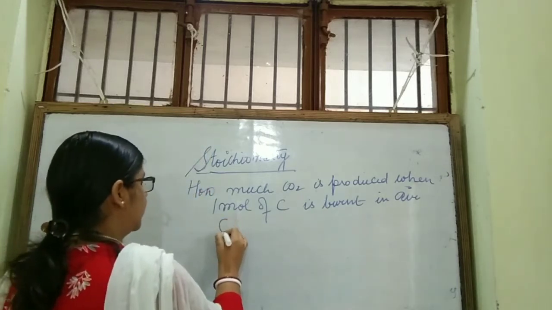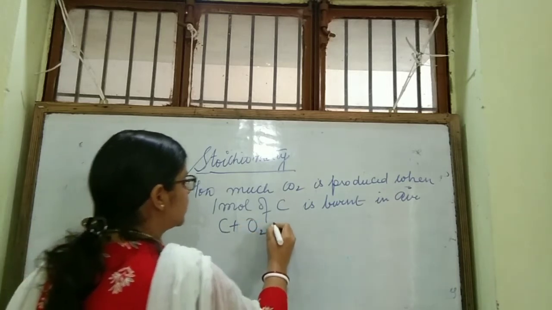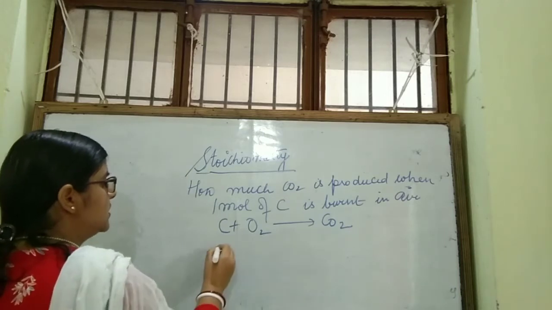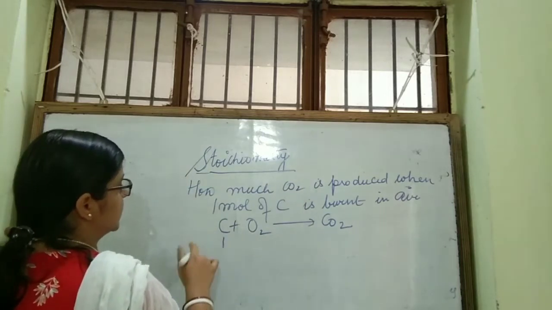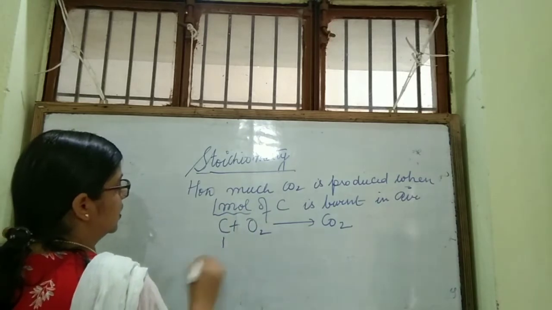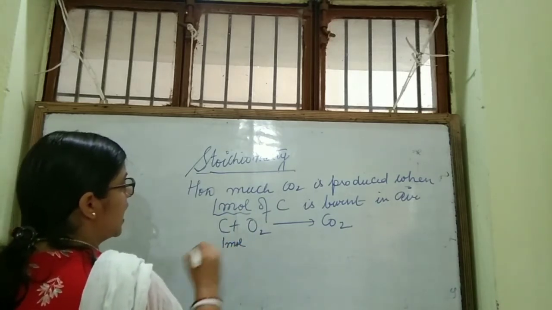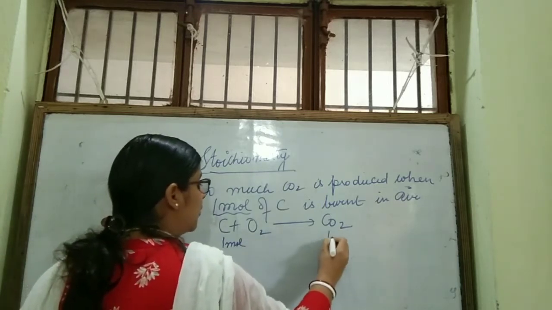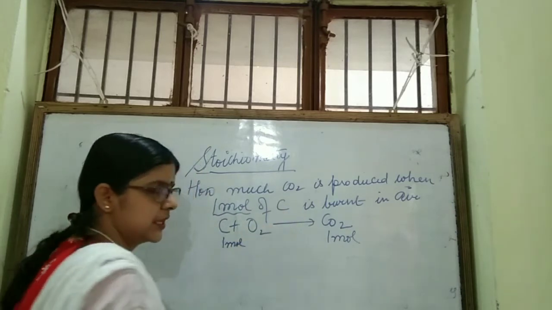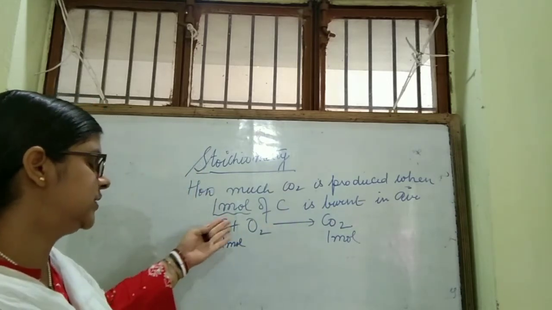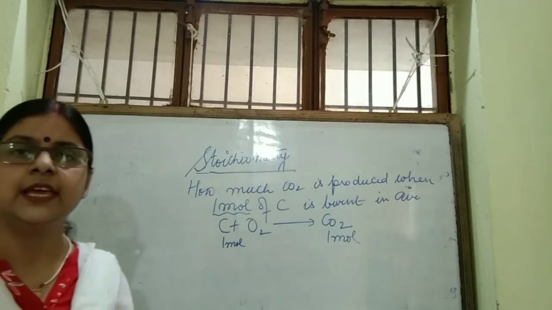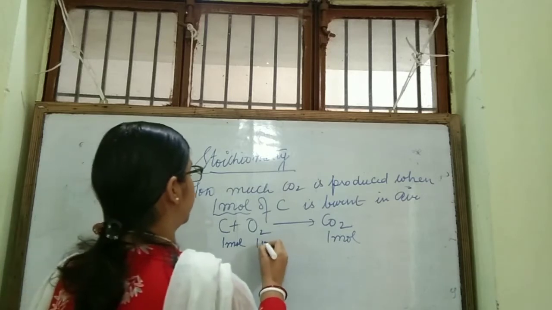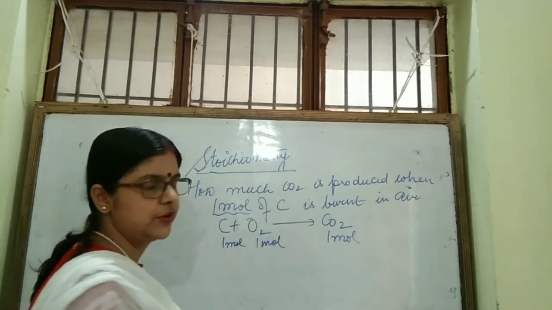Now, for this, what will be the equation? C plus O2 gives CO2. Now, an easy relationship in terms of moles: 1 mole carbon when burnt produces 1 mole carbon dioxide. Through this balanced chemical equation, we can see that when 1 mole carbon is burnt with 1 mole of oxygen, it produces 1 mole of carbon dioxide.